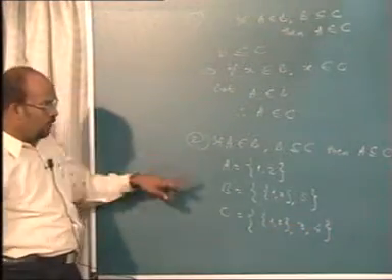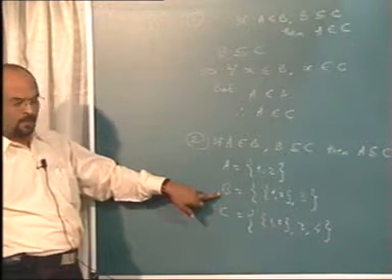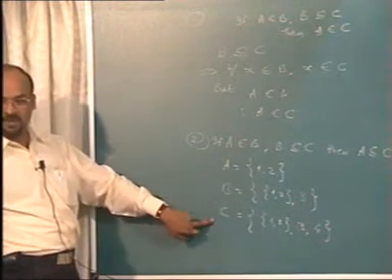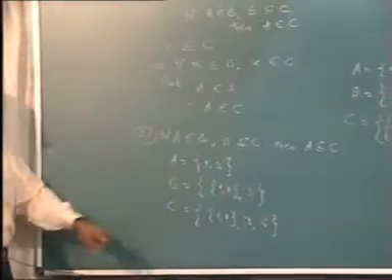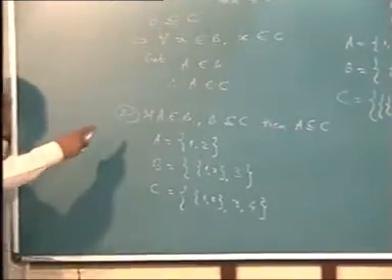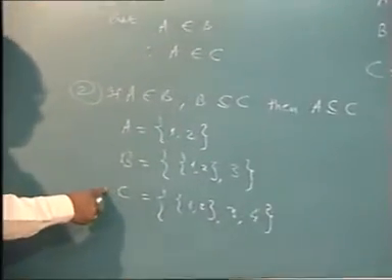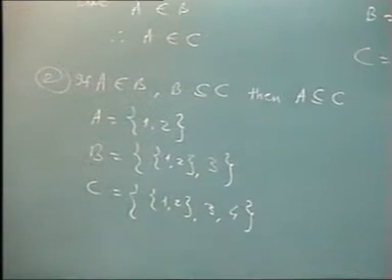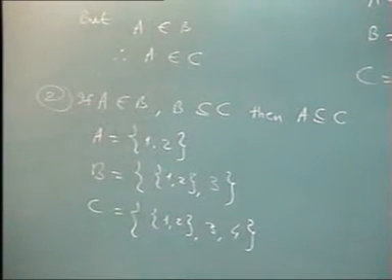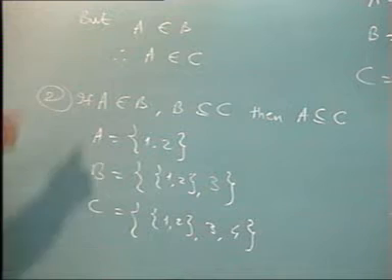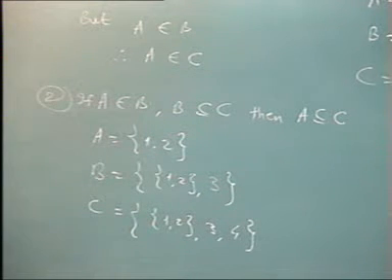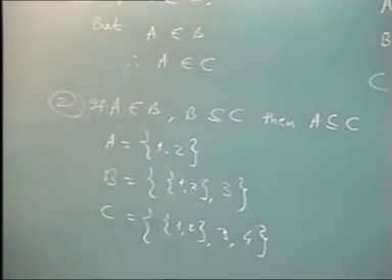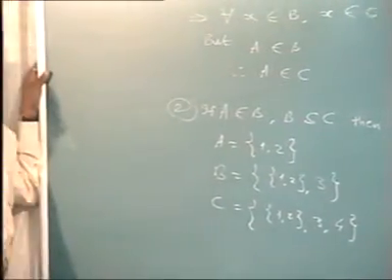Now A is an element of B. B is a subset of C, but A is not a subset of C. So with this example it is contradictory, and a contradiction will straight away prove that the statement is false. You don't have to give any explanation in notation form. For saying no, just give one example, you will be through.